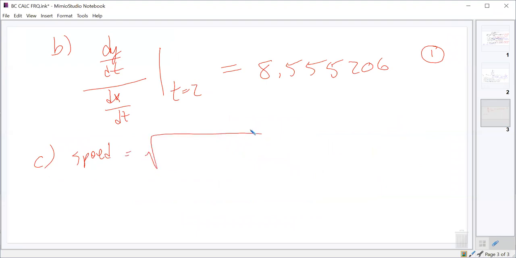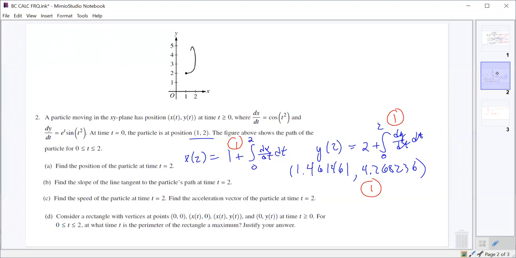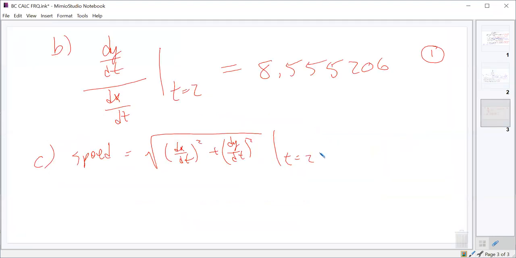The magnitude of the velocity, or the square root of (dx/dt) squared plus (dy/dt) squared, evaluated at t equals 2. So all you do is use Pythagorean theorem on the values at 2 of dx/dt and dy/dt. That came out to be 5.630128.